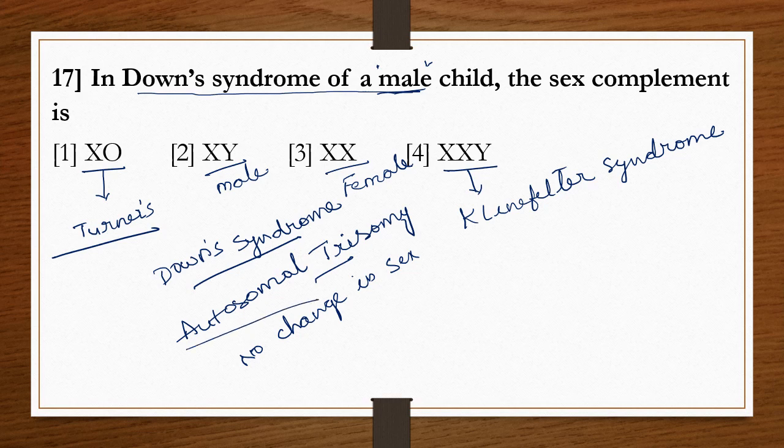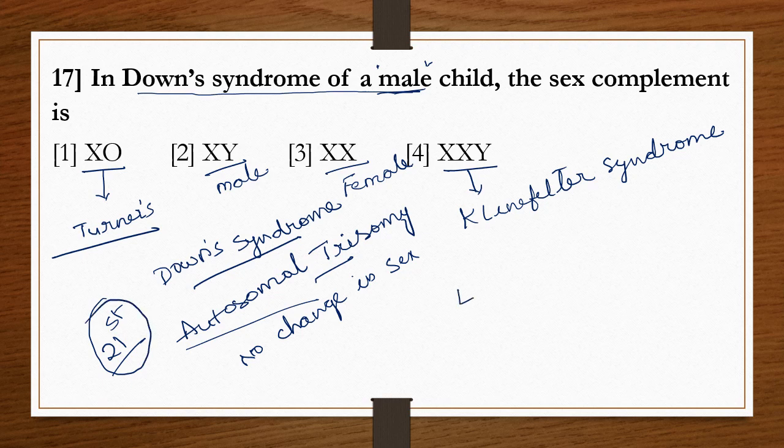So which autosome? The 21st chromosome has an extra copy. So it is 21st chromosome trisomy, an autosomal trisomy. Three copies of the 21st chromosome are present in Down syndrome.